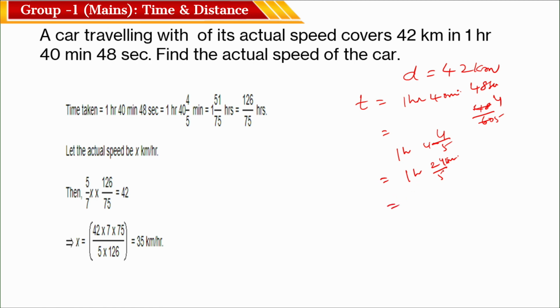So if you want to convert this into hours, 1 hour 24 by 5 into 1 by 60. Okay. So 24 by 5 into 1 by 60 means 2 by 25. So 1 hour 2 by 25 means 1 and 2 by 25, or you can say 25 ones are 25, 27 by 25.